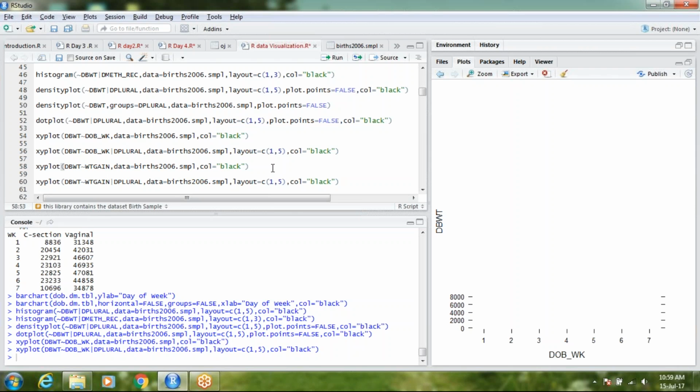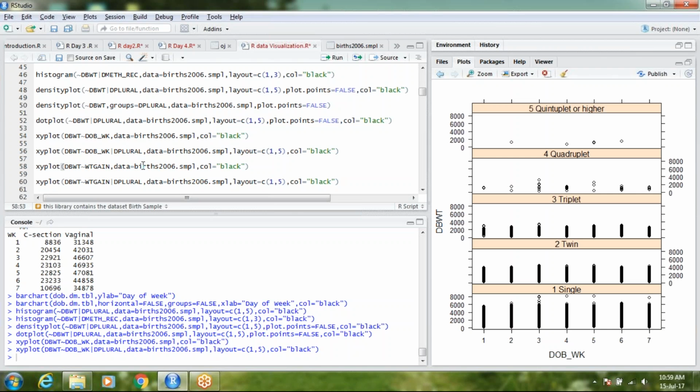Because I have to accommodate all the plural factors, I have made a layout of 1 comma 5, so that it will accommodate all of them. So this is how it looks for all the levels, as you can see.